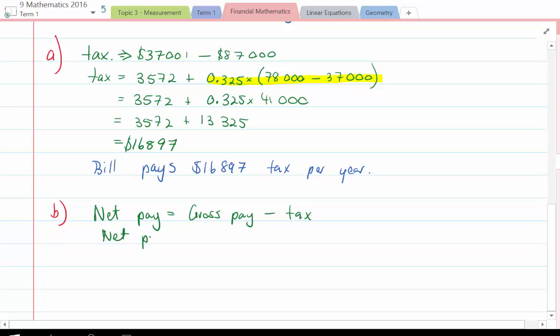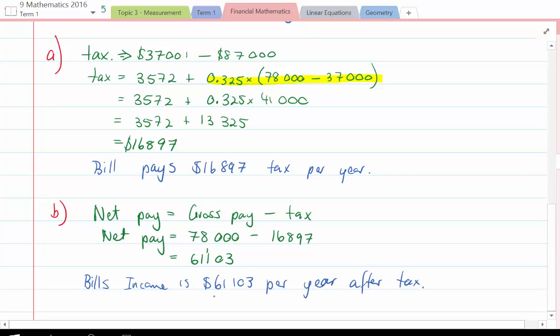So net pay will be equal to 78,000. That's what the gross is. The gross is what he gets paid. And the tax is 16,897. So after tax, he earns 61,103, or $61,103. So he earns $61,103 per year after tax.